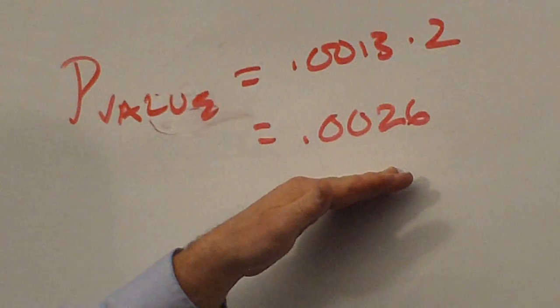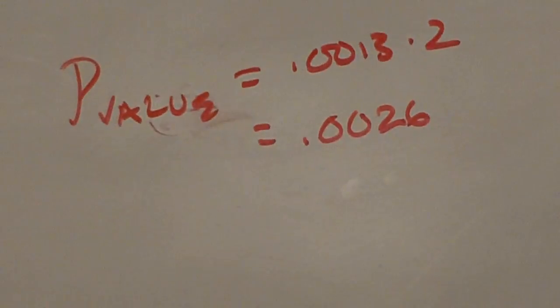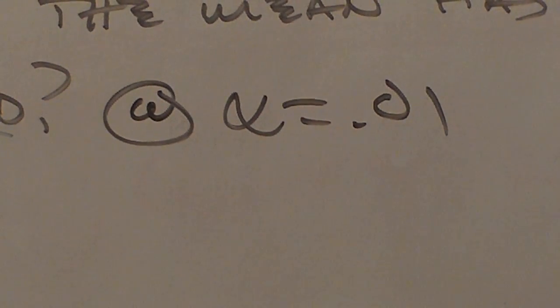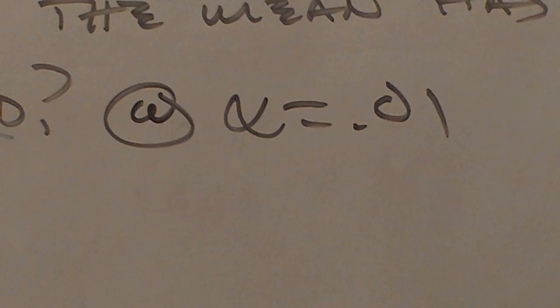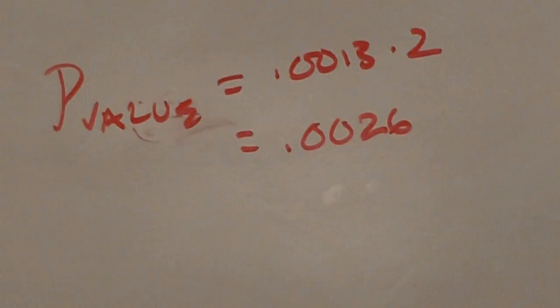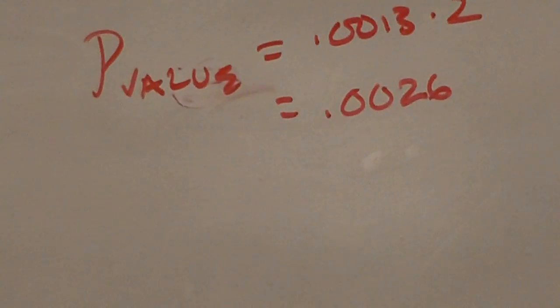Let's start fresh. If alpha is greater than the p-value, we reject the null hypothesis. If alpha is less than the p-value, we do not reject the null hypothesis.